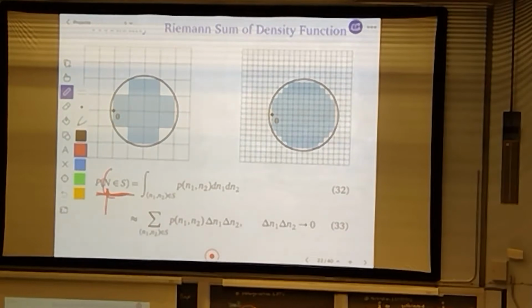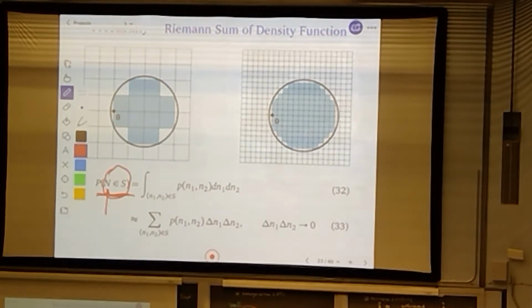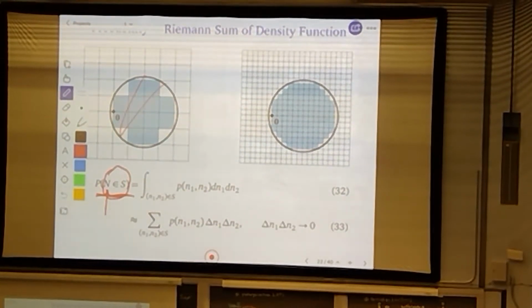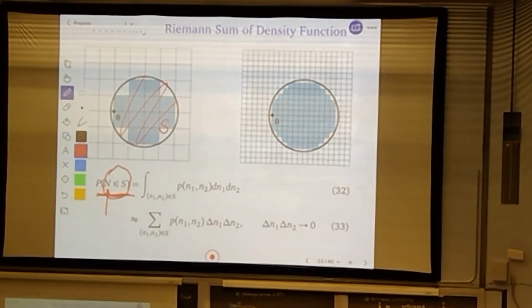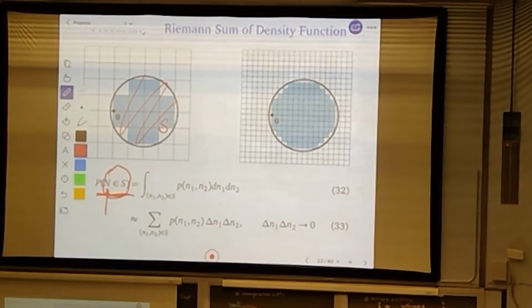This is the probability that the random variable n falls into the source domain S, and we want to calculate that probability, right? As this area becomes smaller and smaller, I get the density, right? So that's intuitive for how you're going to do it.